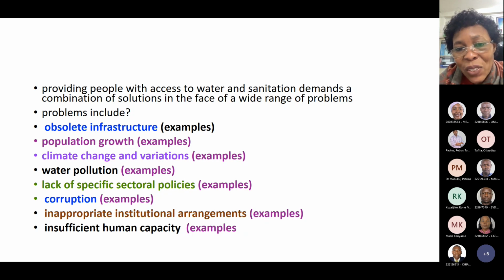Sometimes people tend to like to pursue a career in a certain aspect or line, and you might find another line has few people. So you find insufficient human capacity with regards to different aspects or lines of specialization. Next, please.